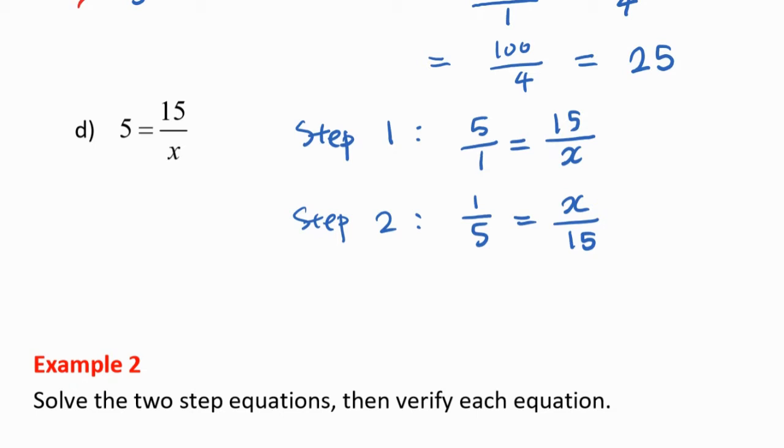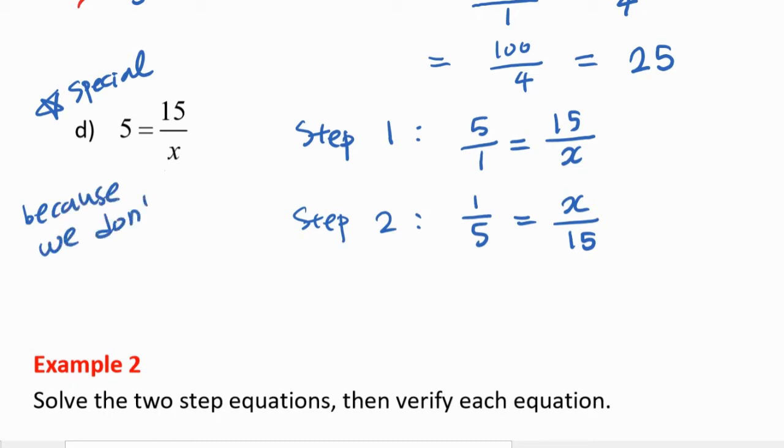So this is special. By flipping both sides, you move the x to the top.